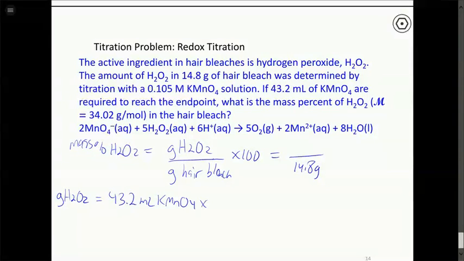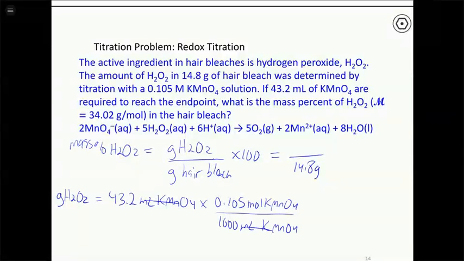We know the molarity of that is 0.105 molar. So there's 0.105 moles of KMnO4 for every 1,000 milliliters of that solution. Now the balanced reaction is given to us in terms of MnO4 minus.